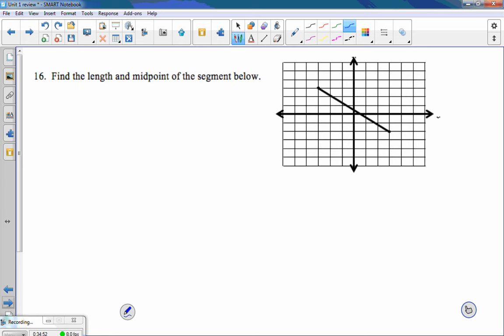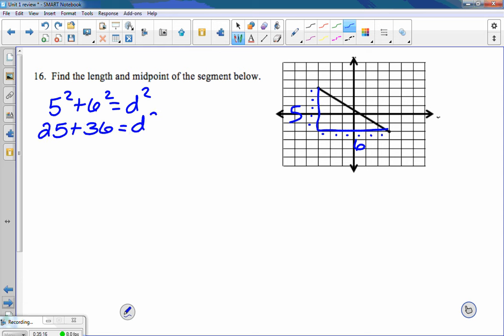So, quickly, if I wanted to find the distance here, I just count. 1, 2, 3, 4, 5. 1, 2, 3, 4, 5, 6. 5 squared plus 6 squared equals distance squared, or C squared. 25 plus 36 is equal to D squared. 61 is equal to D squared, square rooted. D is equal to about 7.8 or 7.9. That is the distance.